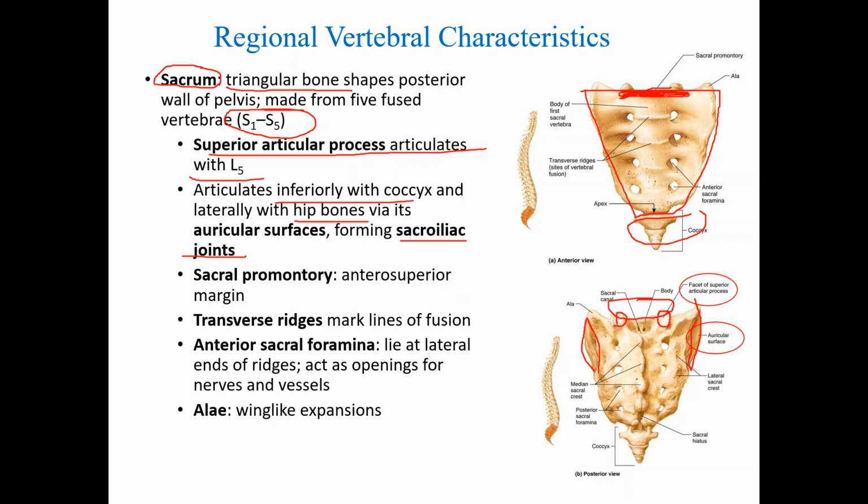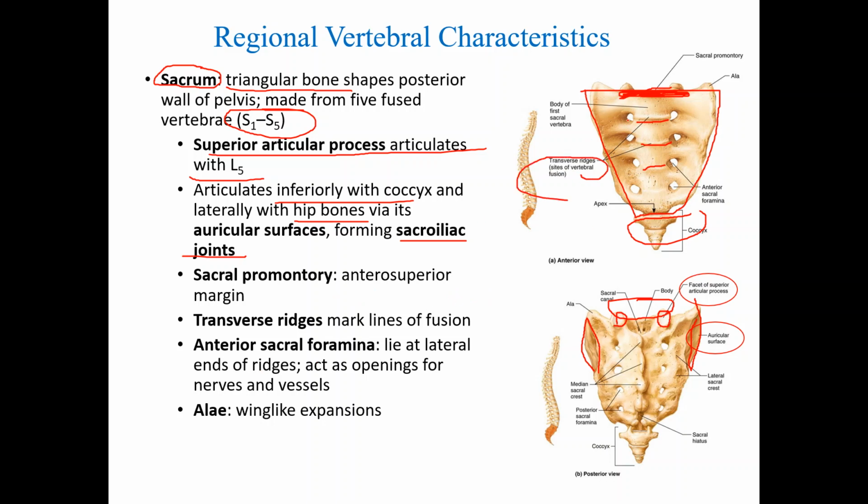Anterosuperior margin, and then we have ridges that we can recognize. These are actually the points of fusion, okay, and there are just lines that indicate the fusion of the vertebrae.